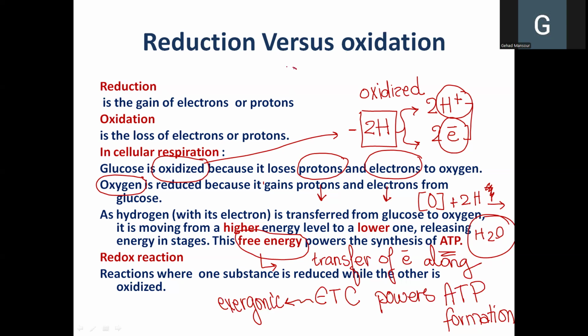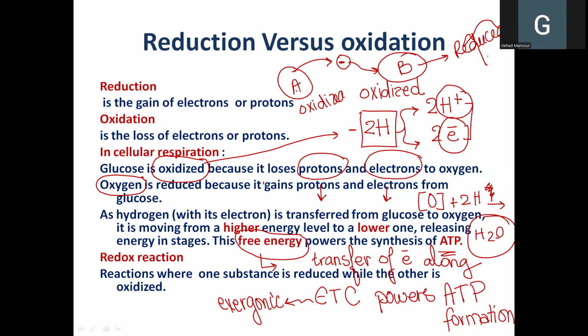When one atom, say A, loses an electron, and this electron is gained by another atom B, in such a case, A has been oxidized, whereas B has been reduced because it gained an electron.